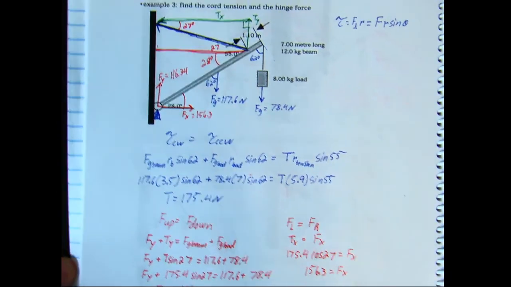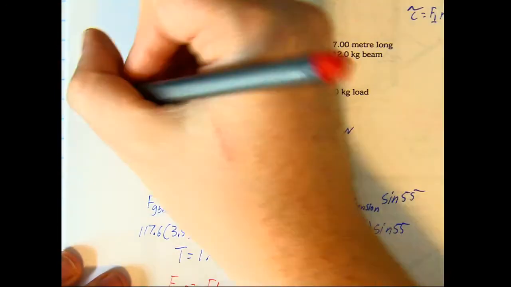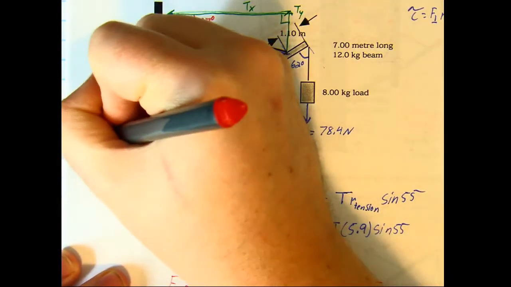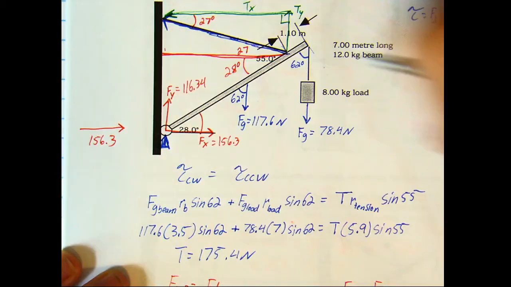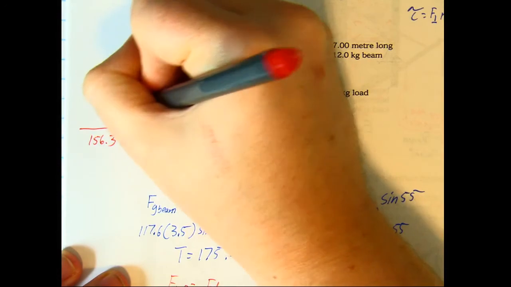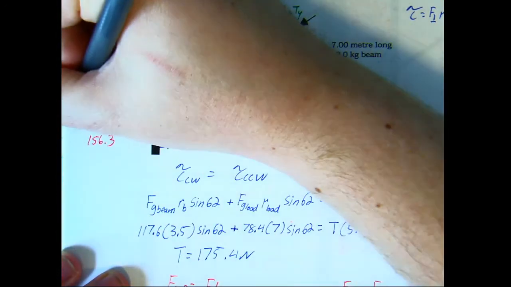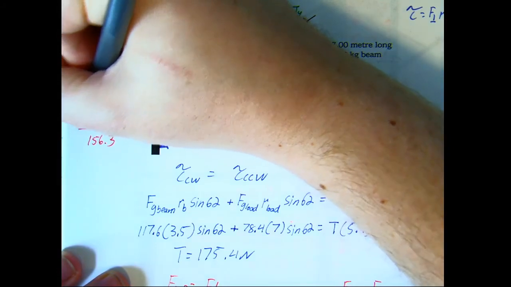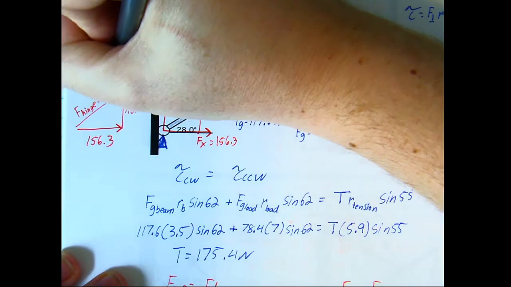So I can figure out what the force is from my hinge. I'm going to zoom this in. We're going to get 156.3 this way, and then a force upwards here of 116.34. So this is F hinge. I'm going to use Pythagoras to figure out that this is 195 newtons.